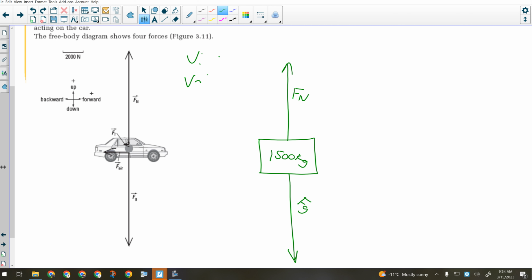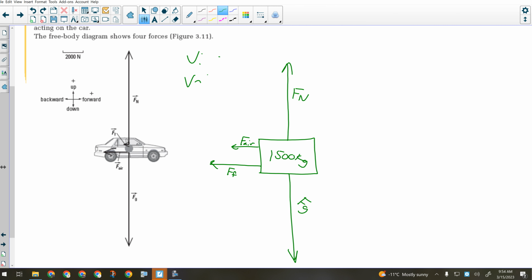Okay, and then because the engine isn't running, there's 2 things bringing this thing to a stop. Air resistance and friction. Okay, so F of air, so the force of the air and the force of friction, both acting backwards. Okay, so that's my free body diagram.